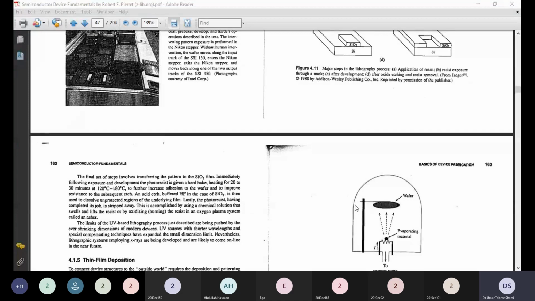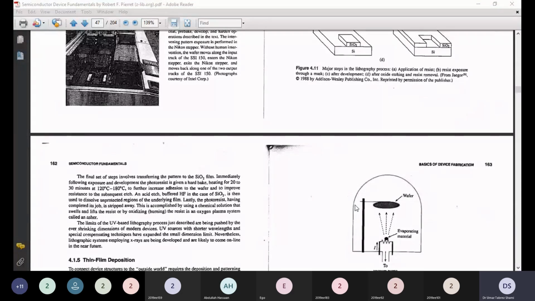The acid etch, HF in the case of silicon oxide, is then used to dissolve unprotected regions of the underlying film. Lastly, the photoresist, having completed its job, is stripped away.